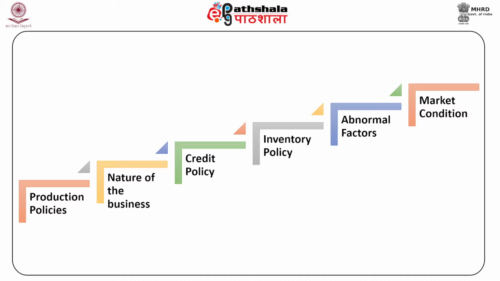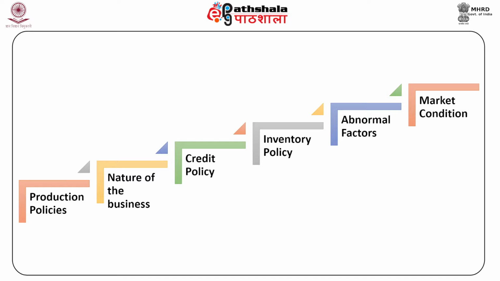Where liberal credit policy is followed, higher working capital is required as large amount of funds are tied up in sundry debtors. Similarly, if a company enjoys good reputation in the market, it can get raw material on credit and will require less working capital.